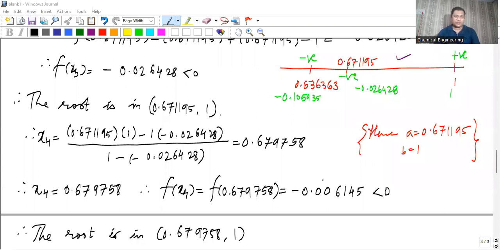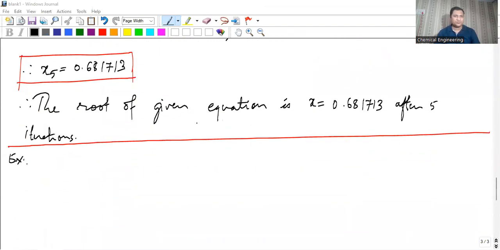So shall we go for another example now? Okay, let's go for another example now.